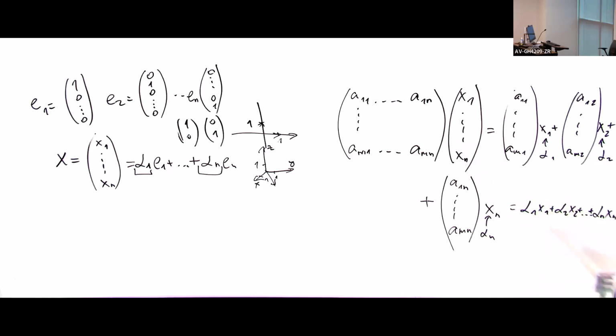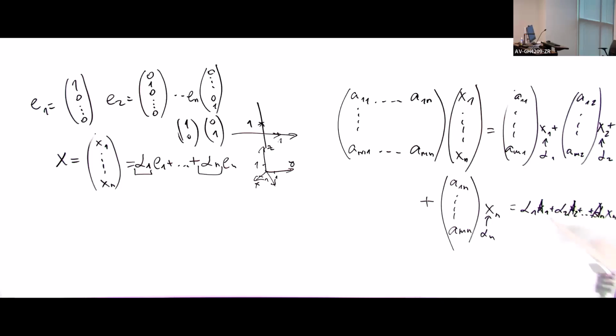Each one of them is not x. We shouldn't use x here. We'll call them A columns, to differentiate from the actual x. So A1 is the first column, A2 is the second column, and so on.